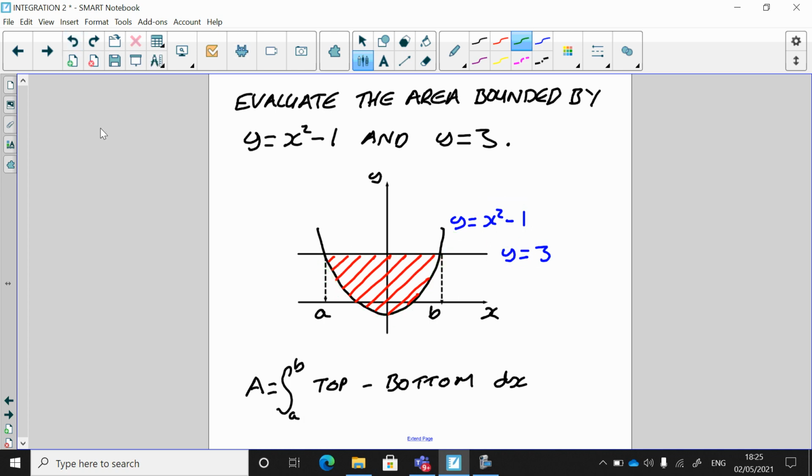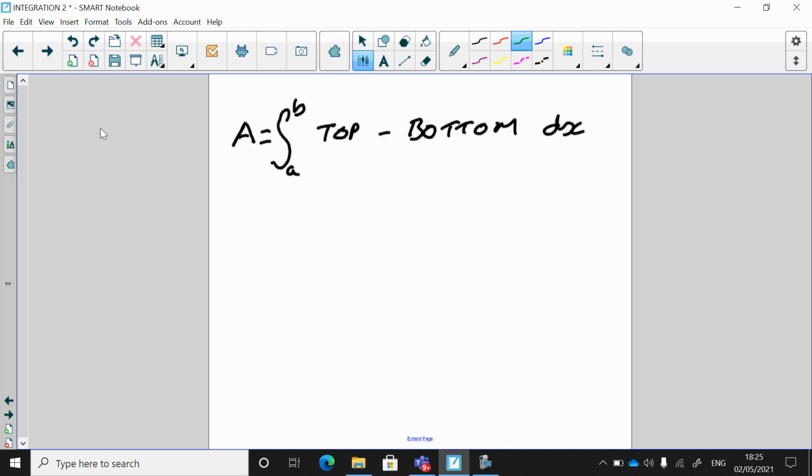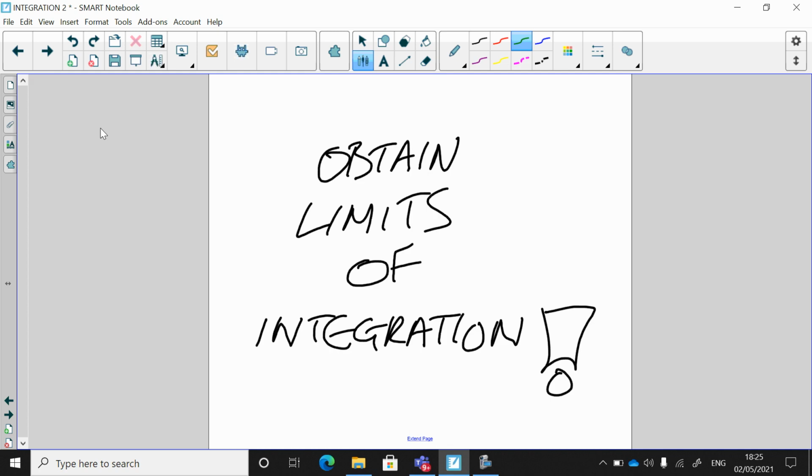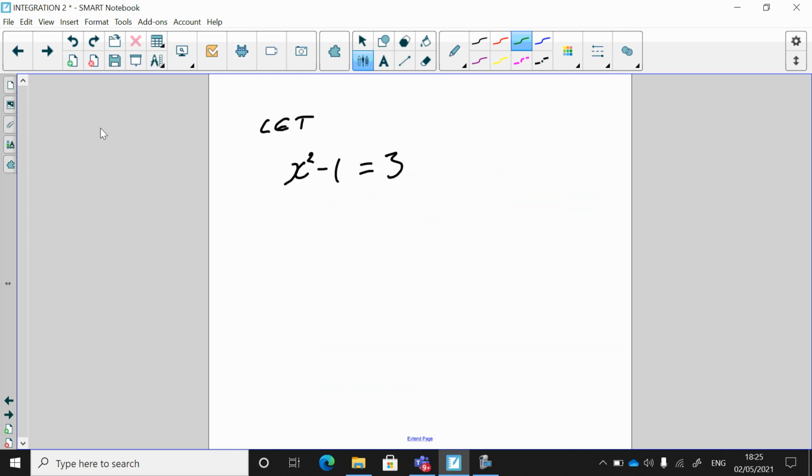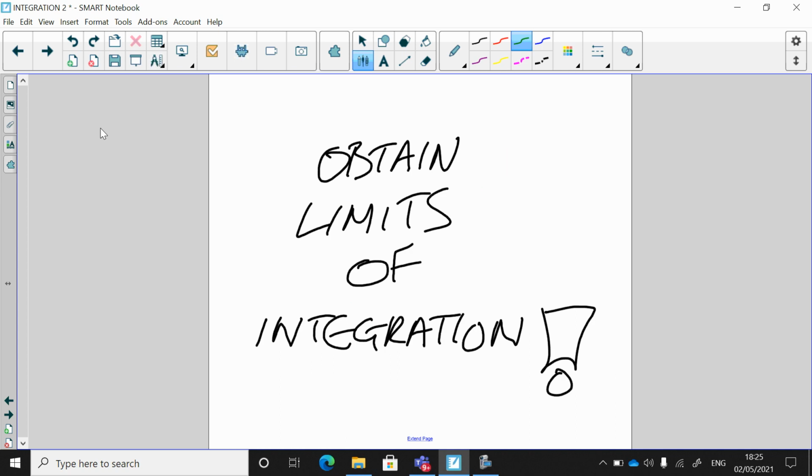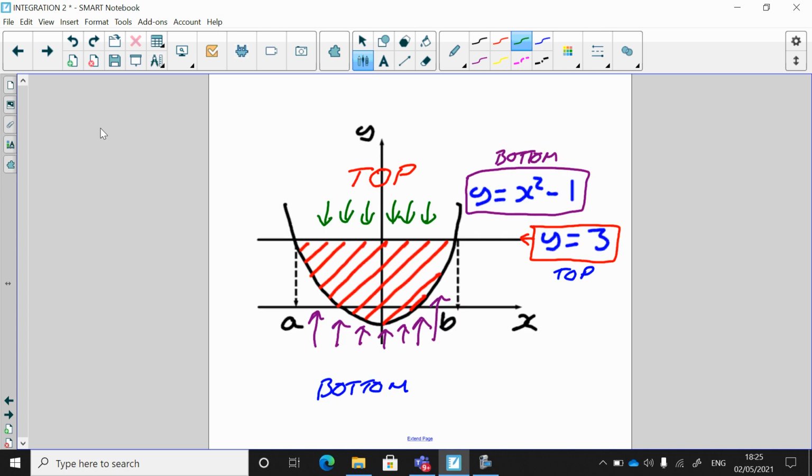Right, let's move on. So top bound minus bottom bound in relation to the values of A and B. A and B, that's what we call the limits of integration. So let's go and find them. So we know the top bound and the bottom bound, and we know the curves x squared take away 1 and y equals 3.